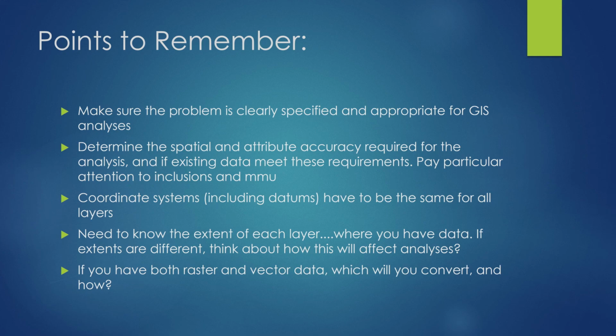And so you have to decide what your final result is going to be. Your final result is going to be kind of a continuous layer from totally unsuitable all the way up to suitable, but different gradations. It might be best if your answer was in a raster data set.